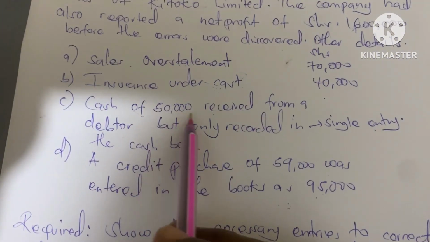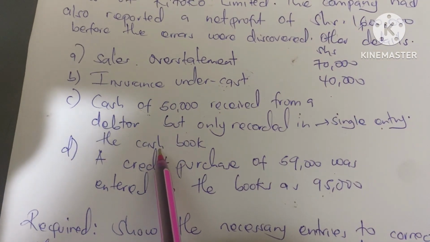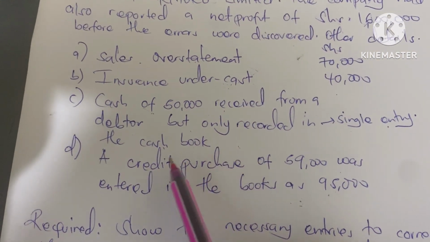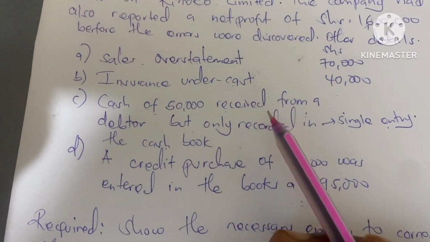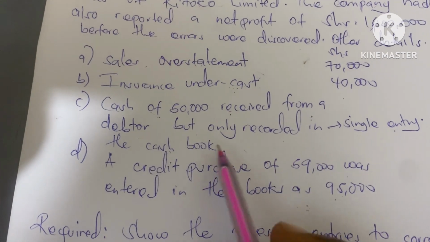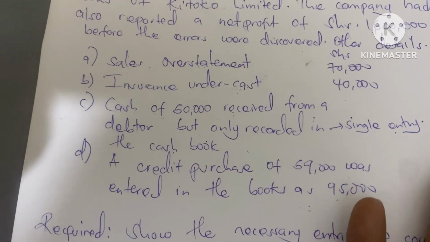So cash of 50,000 received from a debtor but only recorded in the cash book. When cash is received from the debtor, we always credit the debtor's account. So we are going to credit the debtor's account and then debit the suspense account.